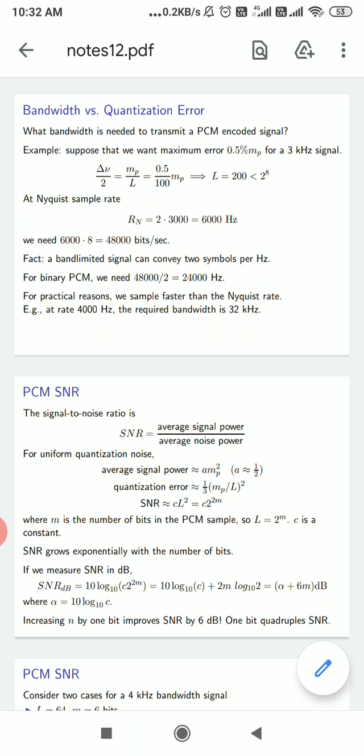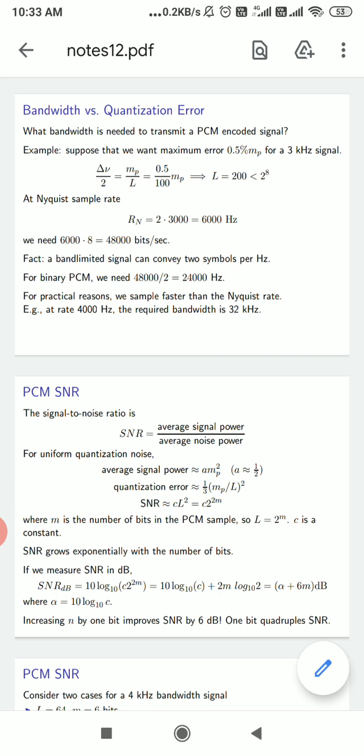Now we have the Nyquist rate. At the Nyquist rate the signal frequency, or Rn, is equal to 6 kilohertz. Now we require 6 kilohertz into 8, because L equal to 2 raised to V, where V is the number of bits. So we will require 8 bits.